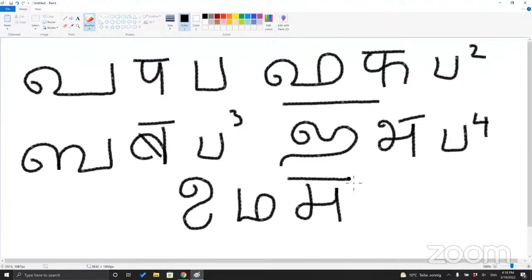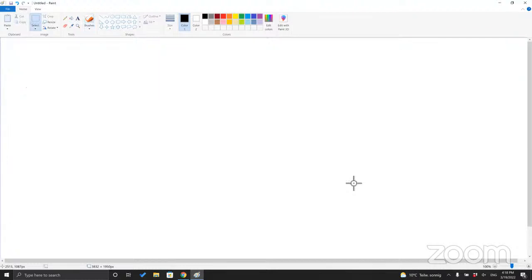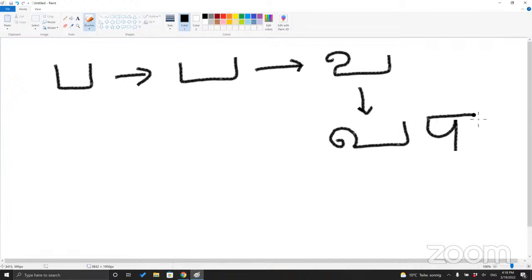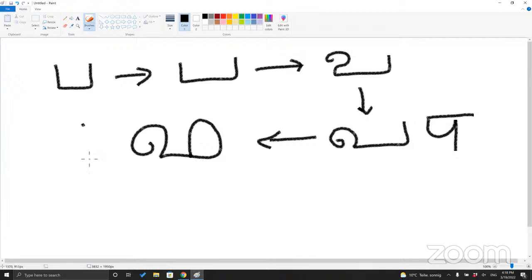So pa is easy, right? You take the Tamil pa, make it a bit longer, try to add a loop, and you'll get the Grantha pa. And you add a loop again, and you get pha.